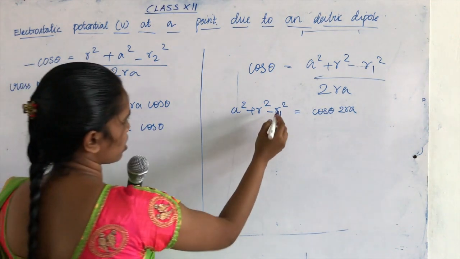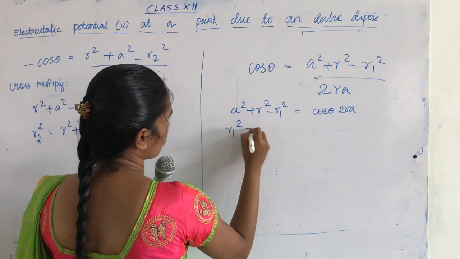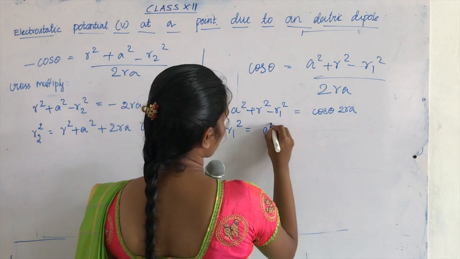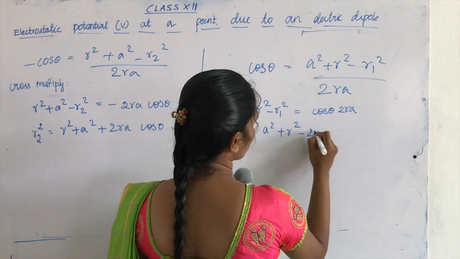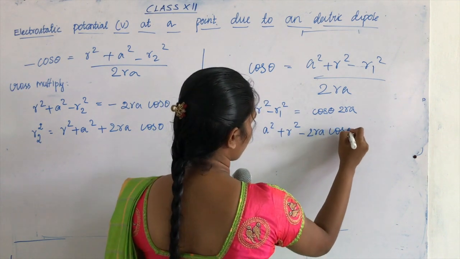Here R1 square equal to A square plus R square minus 2RA cos theta.